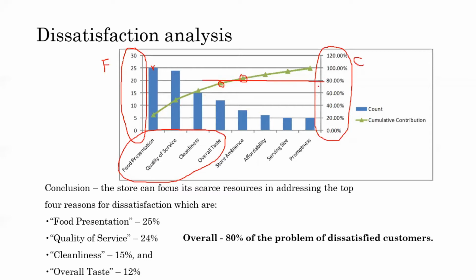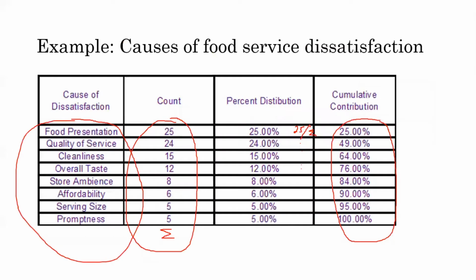So when you look at this, 1, 2, 3, 4 of the causes are causing almost 70-something% of the effect. So you could go to the previous table. Then you can see 1, 2, 3, 4 of the causes. These 4 causes are resulting in 76% of the cumulative effect. So normally, when you look at the percentage, here you are considering 50% of the effect. Sorry, 50% of the causes.